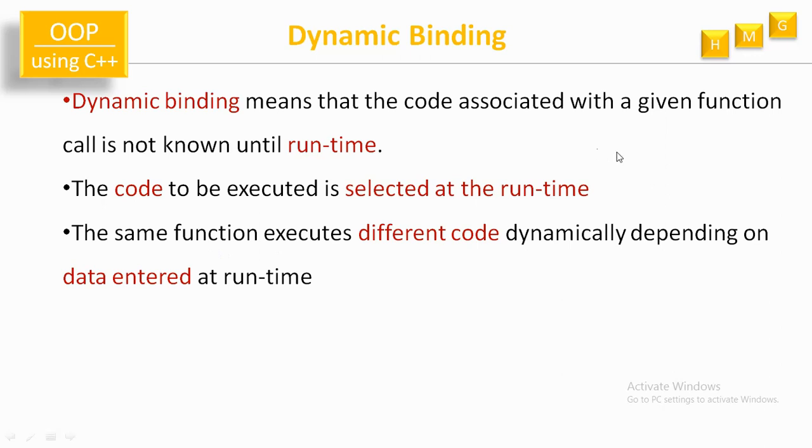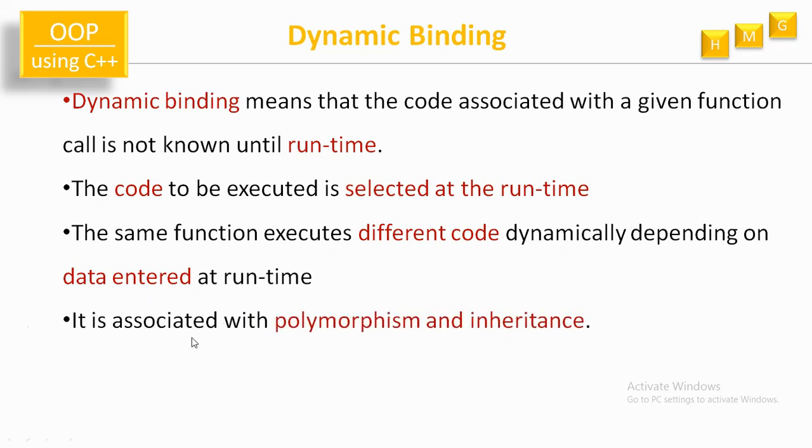If the data entered is length and breadth, then the area function executes the code to find the area of a rectangle. If the data entered is three sides, then at runtime the same function will execute the code for finding the area of a triangle. This is called the dynamic nature. In this way, the same function executes different code dynamically depending on the data entered at runtime.